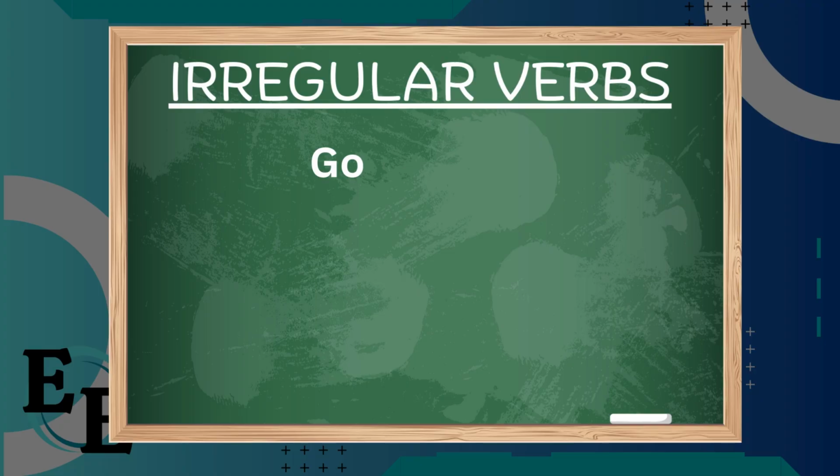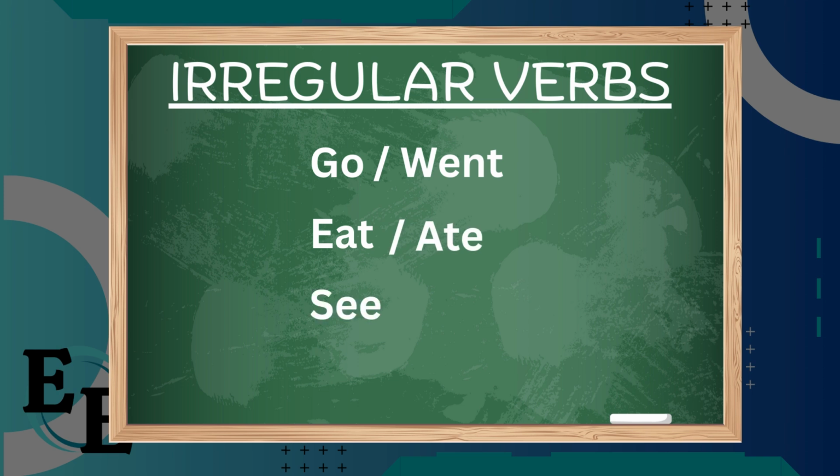Well, we can't add an ed. There is no go-ed. No. Second form of that verb is went. Go, went. Eat, ate. See, saw. Buy, bought.